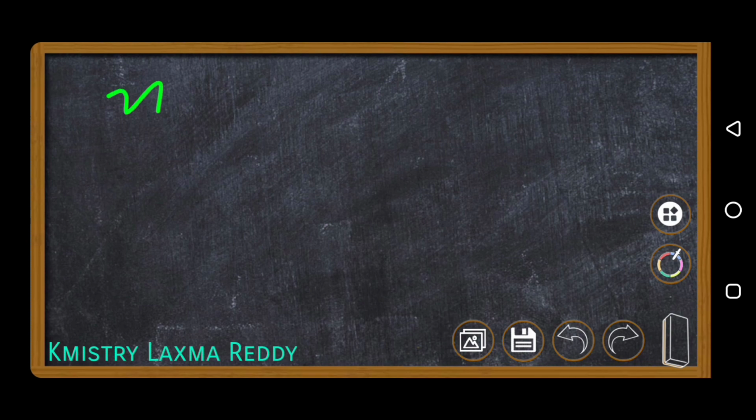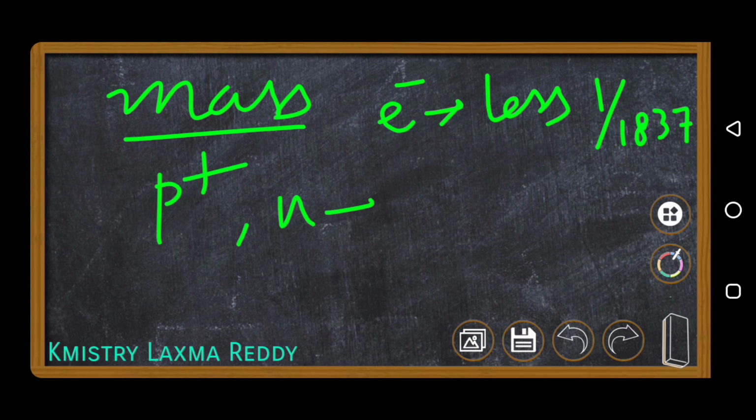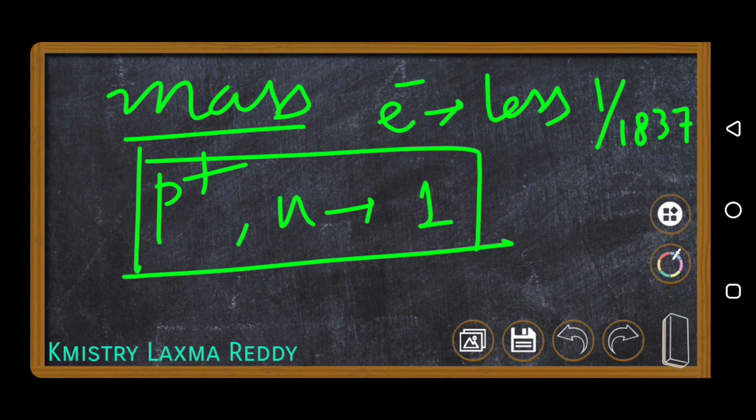When it comes to mass, electron mass is negligible, very less. Comparative mass, this is 1 by 1837 you can say. For proton and neutron you can take relative mass as 1. If proton and neutron mass is considered as 1, electron mass will be 1 by 1837 relative mass.